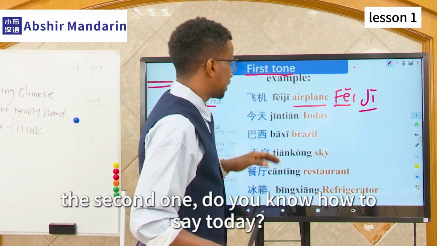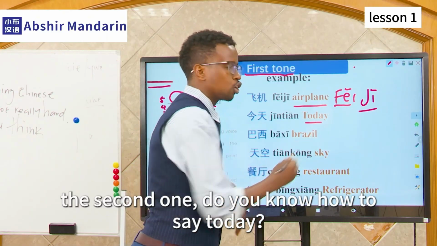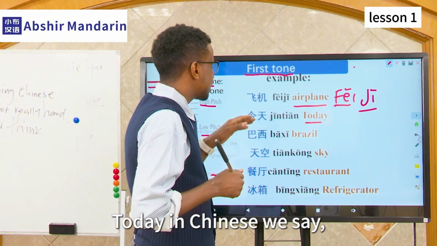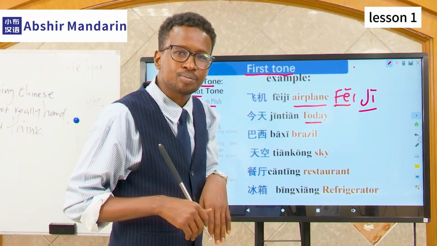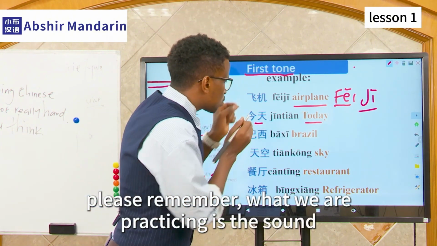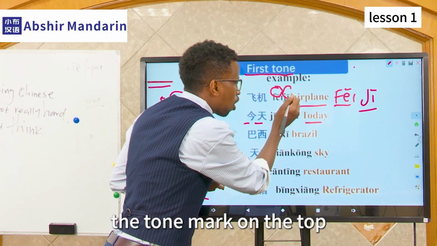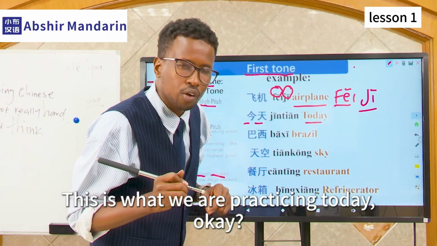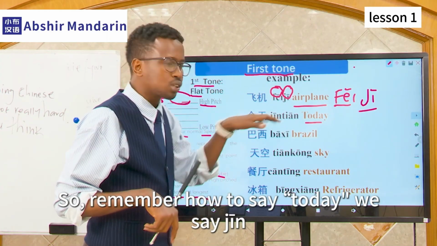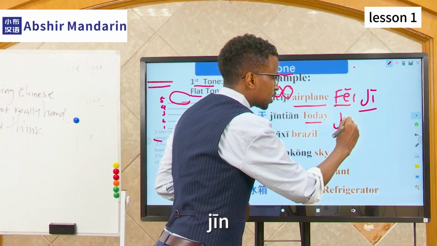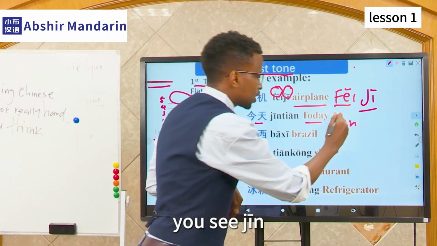Very flat. The second one: do you know how to say today? Today in Chinese we say 今天. Please remember what we are practicing is the sound, the tone mark on the top. This is what we are practicing today, okay? So remember how to say today. We say 今. You see, 今.